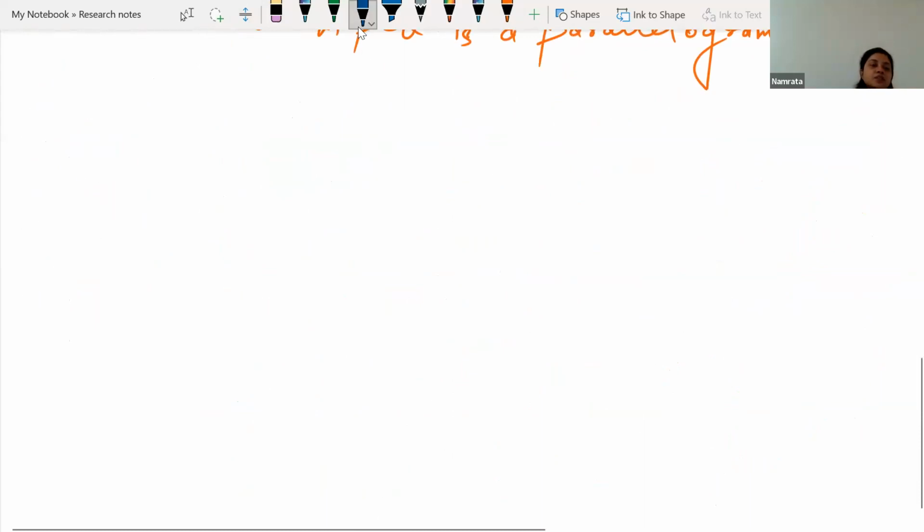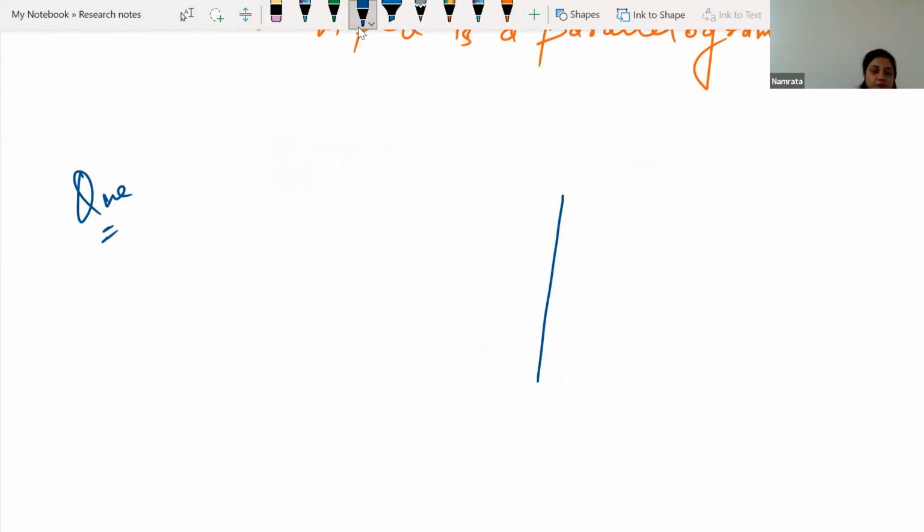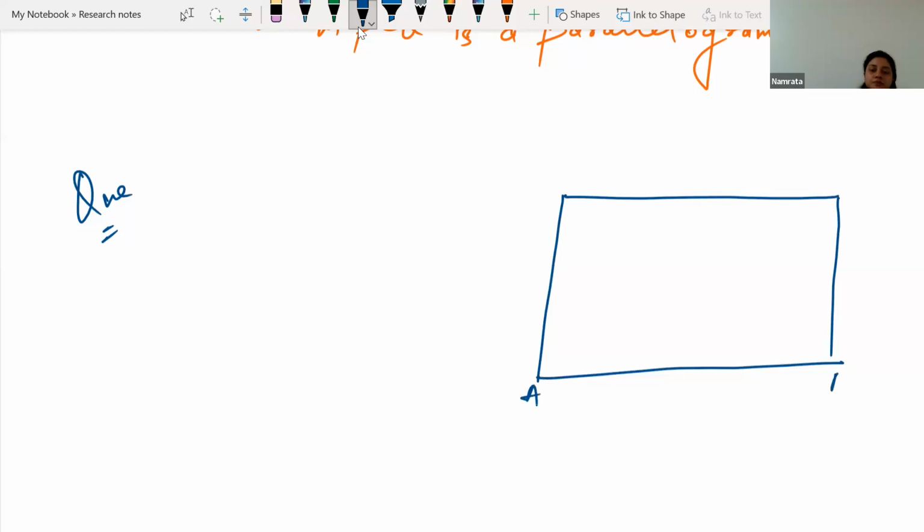Let's move ahead. The next question says ABCD is a parallelogram, and AP and CQ are perpendicular from vertices A and C, as you can see, on the diagonal BD.